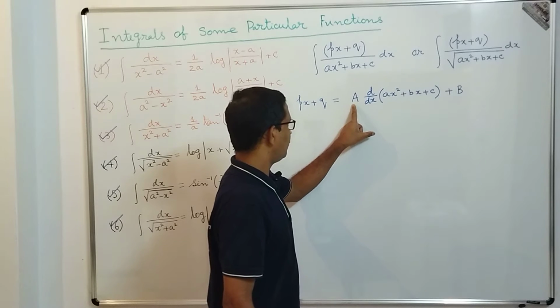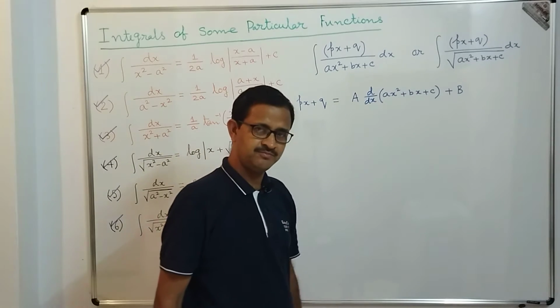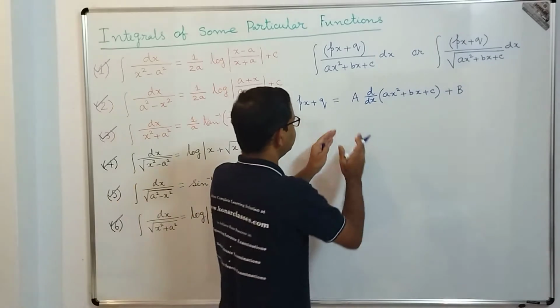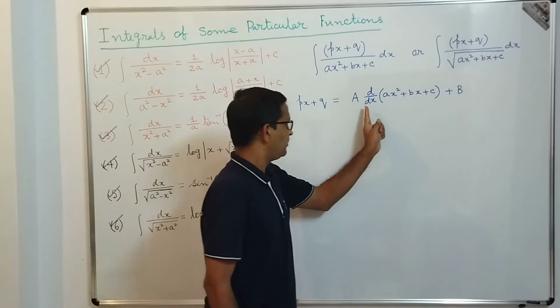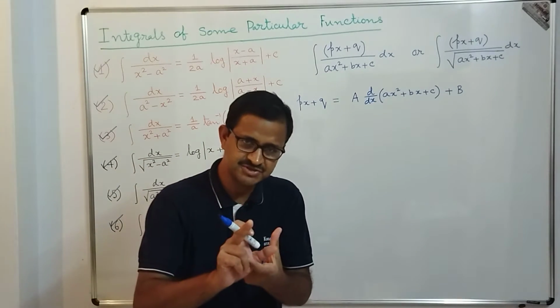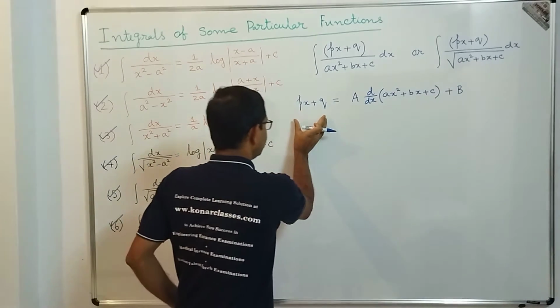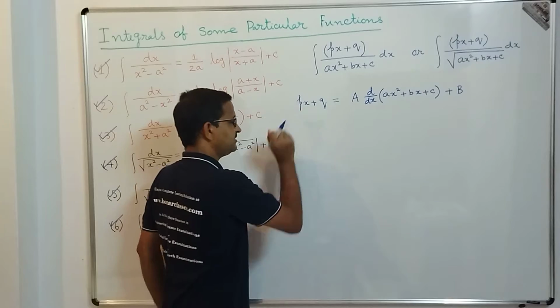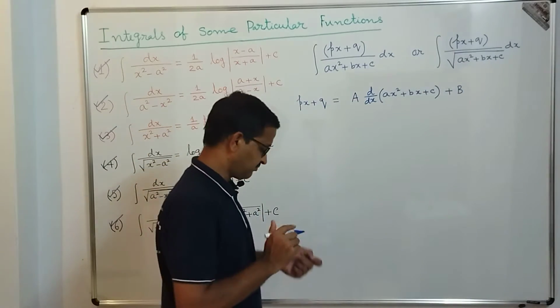One is why we perform d/dx of ax² + bx + c, and the second is why we represent it like this. When we differentiate a quadratic expression, we get a linear expression. That linear expression plus a constant is equatable with a linear expression on the left hand side, and it is an identity. So that is the first point.